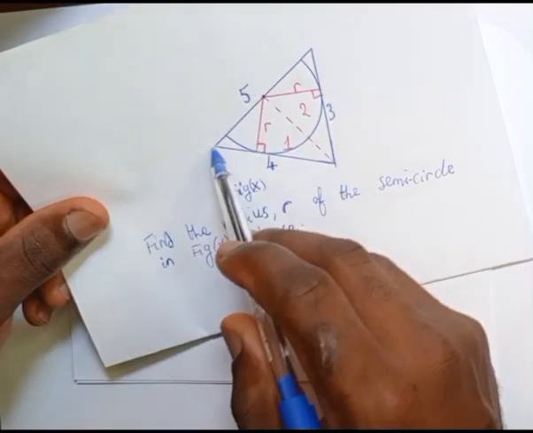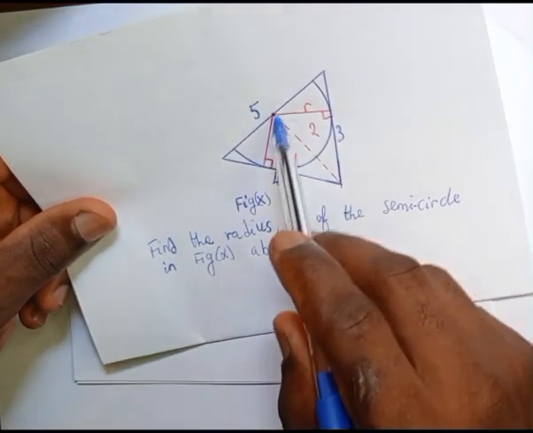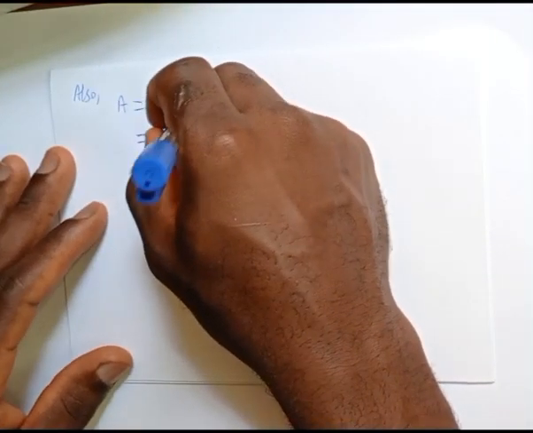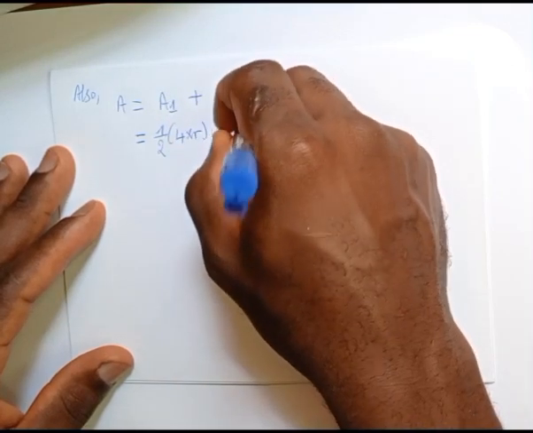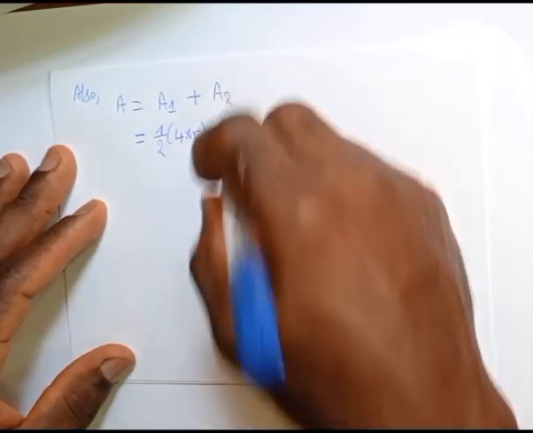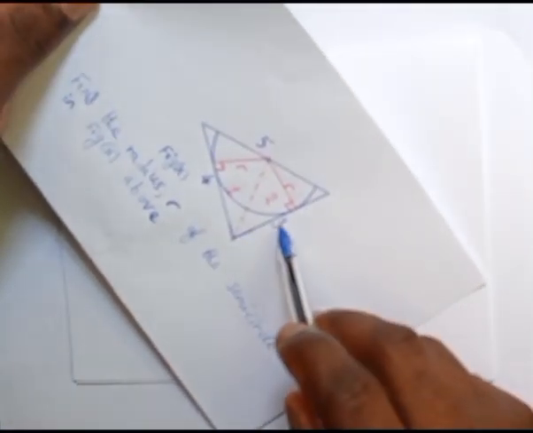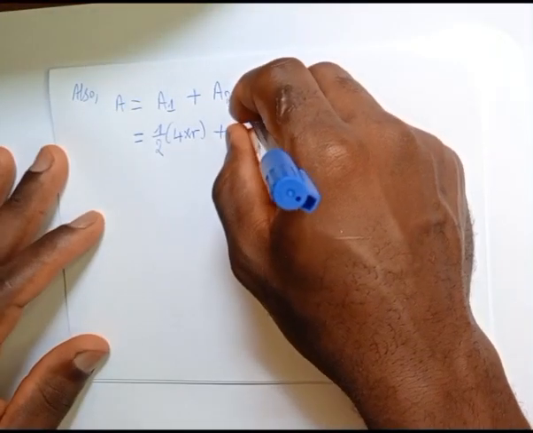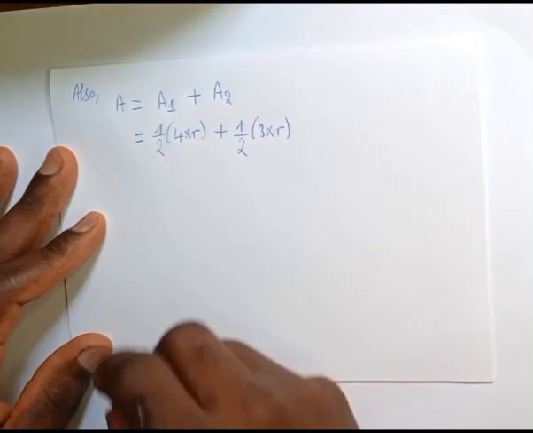This is triangle 1. The area is simply half base times height. The base is 4, the height is r. So this will give us a half times 4 times r plus the area of triangle 2, which is a half. This is the base, which is 3, times the vertical height, which is r. A half of 3 times r.